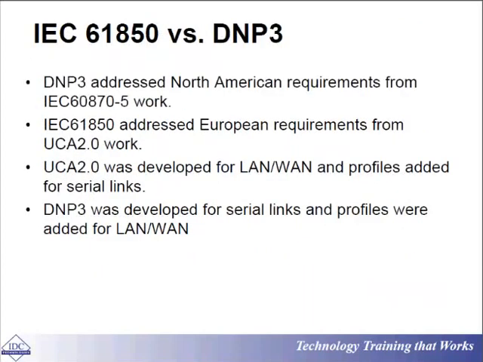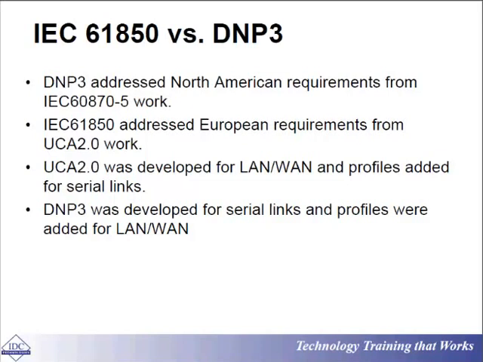Well, we have got some other services like, for example, DNP3. DNP3 is basically coming from America. 61850 is basically IEC, so it's more like European style. So as you can see in here, this 61850 is heavily dependent on LAN and WAN and profiles and objects and things like that.